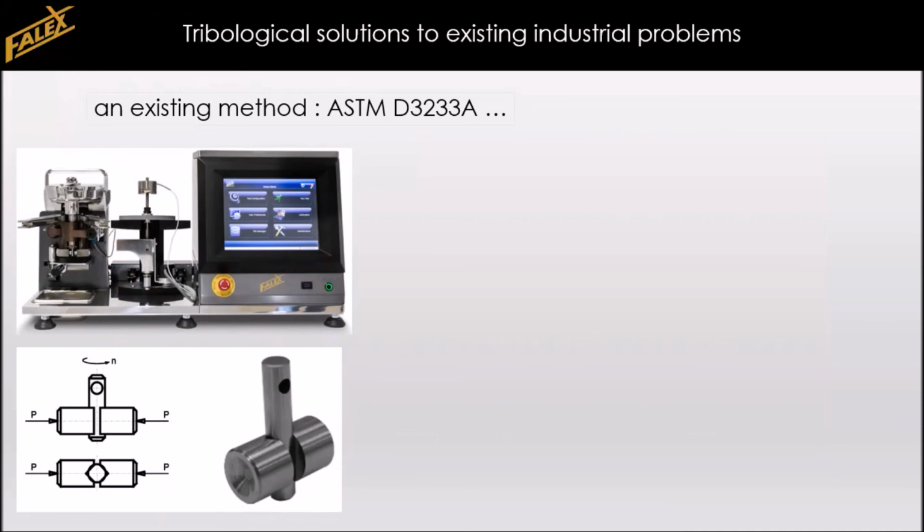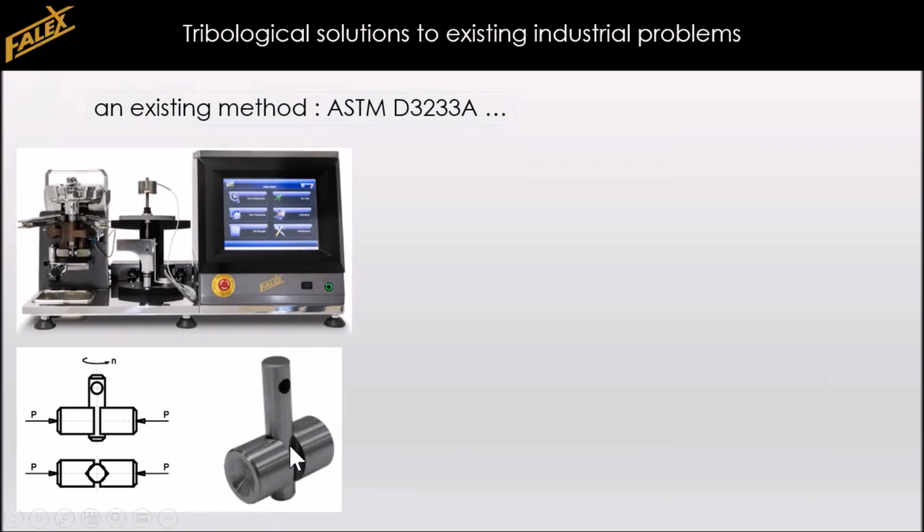It's the ASTM D3233A, also known as the Falex spin and V-block machine, or sometimes the Falex test. It is a method that exists already for quite a long time and involves rotating a journal pin in between two V-blocks that are pressed against it with an increasing force or an increasing load.